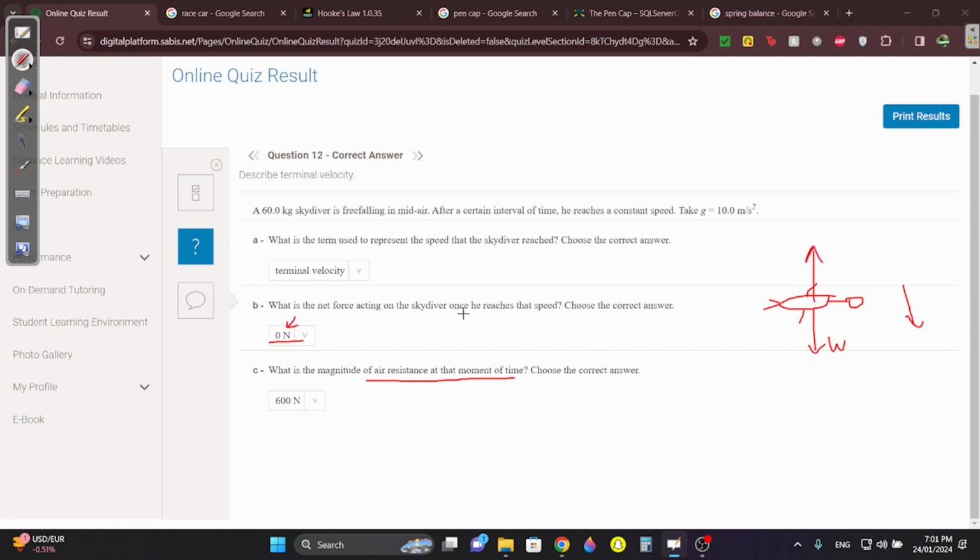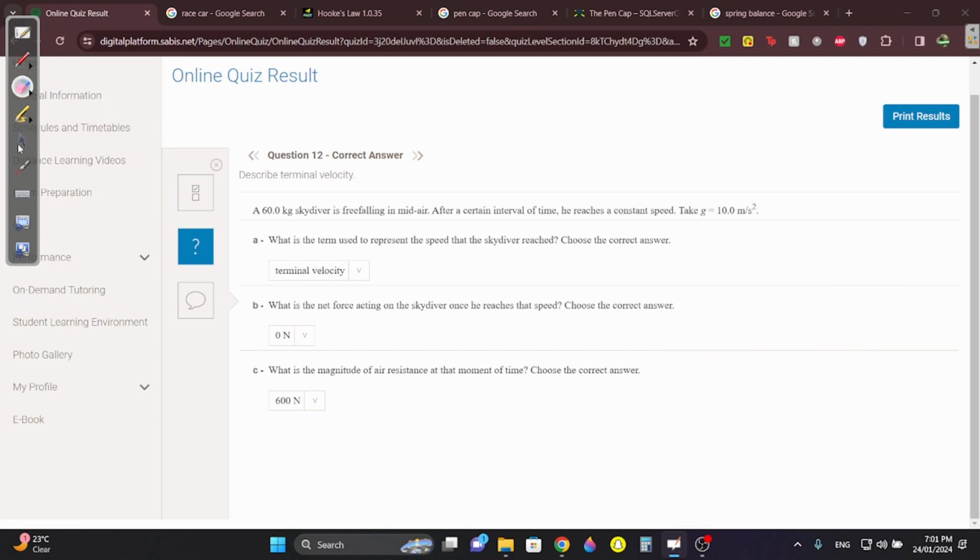In this case, it's going to be air resistance, so let's call it R. Since R is canceling out the weight, R will be equal to the weight. So if you can find the weight, you can find R. How can we find the weight? W equals mg, the mass which is 60, times g which is 10, and you get 600. So the weight is 600 newtons, and the air resistance as well would be 600 newtons.